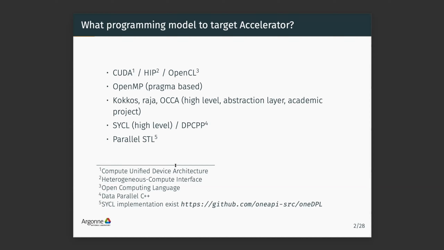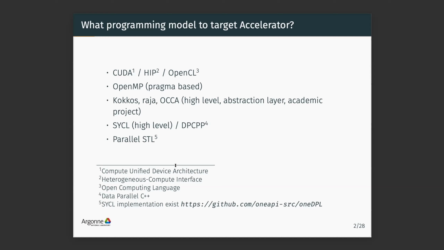They are really low-level, and sometimes proprietary, so if you go from there, it will be hard to move from one hardware to another. You have OpenMP. If you are in Fortran, it is your only choice. If you are in C++, you have other choices, but it is pragma-based.